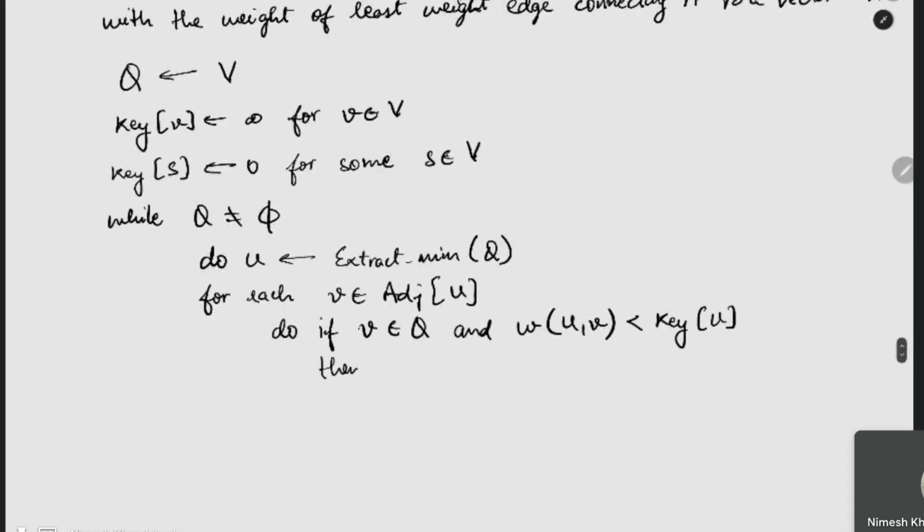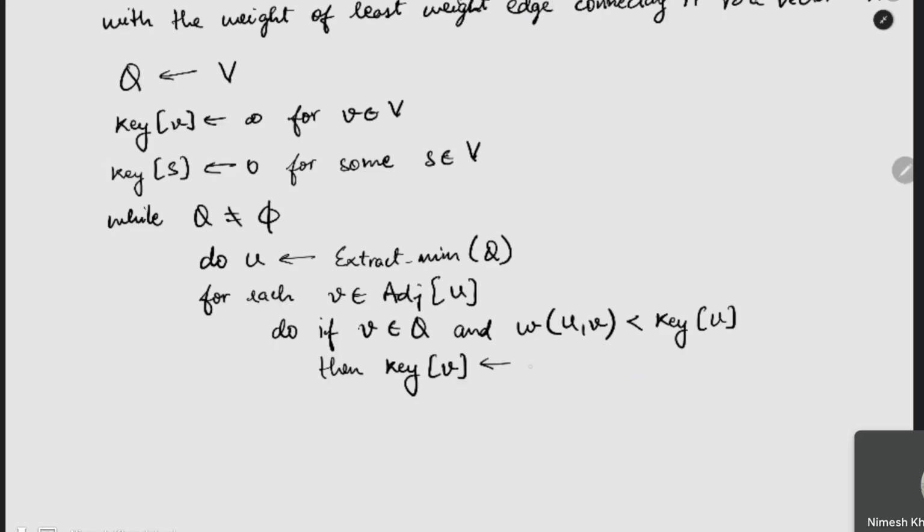So then we update the key, if both of these conditions are true, that the vertex has not been visited before and the weight is less than the current value of the edges.